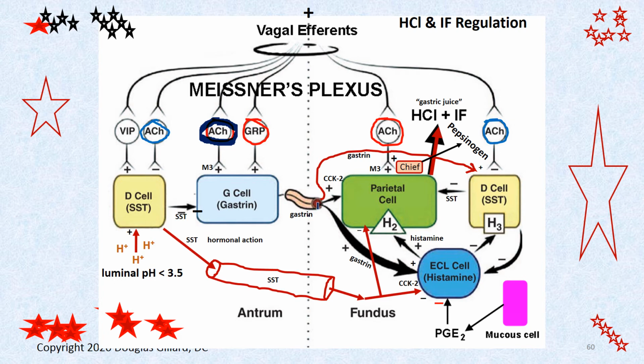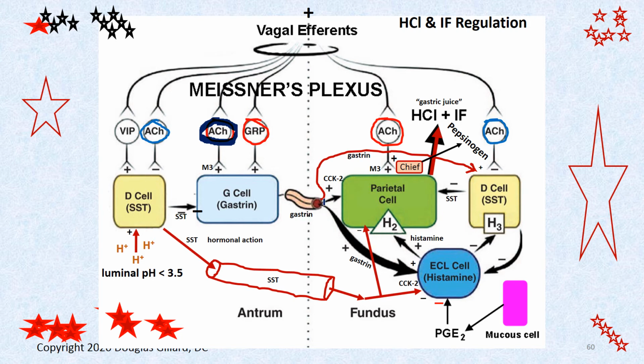The microcirculation has dumped out gastrin, and it's swimming, looking for cells in the interstitium. Well, it finds a parietal cell, binds to it, and HCl is released. It also swims over and finds an ECL cell and binds to it, which stimulates the release of histamine. Histamine binds to the parietal cell and powerfully stimulates the release of hydrochloric acid and intrinsic factor.